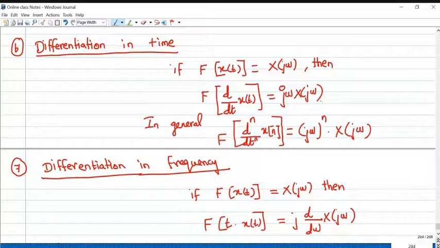So already I told you I'll give the proof for each and every property separately as handwritten material to you. Now remember all the properties and understand how to solve the problems using properties.